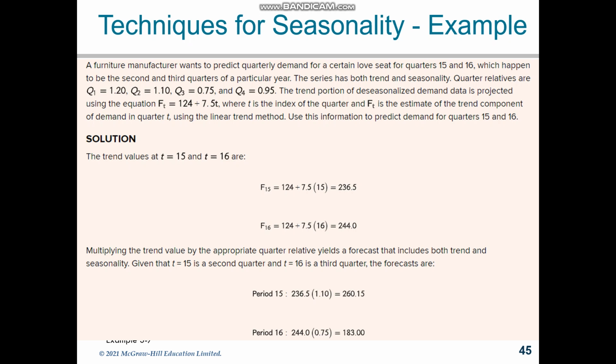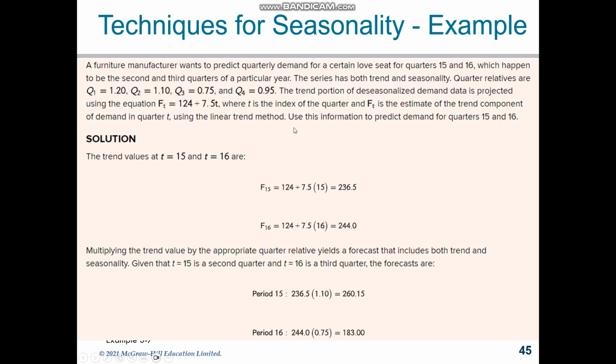Okay, the trend portion of deseasonalized demand data is projected using the equation FT equals 124 plus 7.5T, where T is the index of the quarter and FT is the estimate of the trend component of demand in quarter T, using the linear trend method.